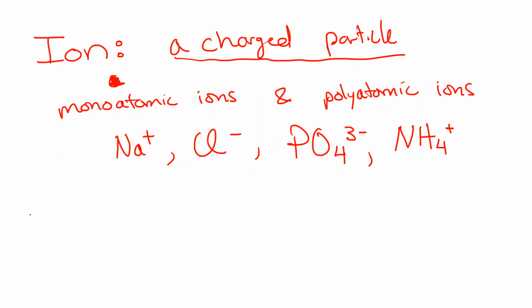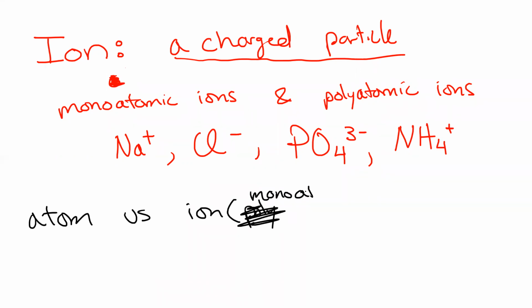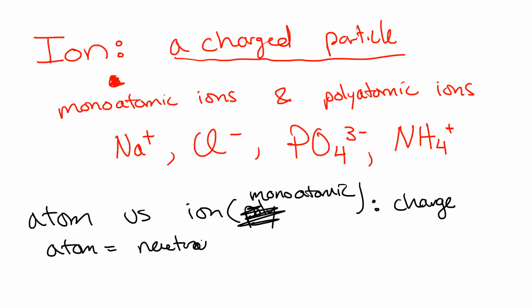Now, what is the difference between an atom versus an ion? And in this case, we're talking monoatomic. It is very much that idea of charge. An atom is generally considered neutral. And that means, therefore, the number of protons are equal to the number of electrons.